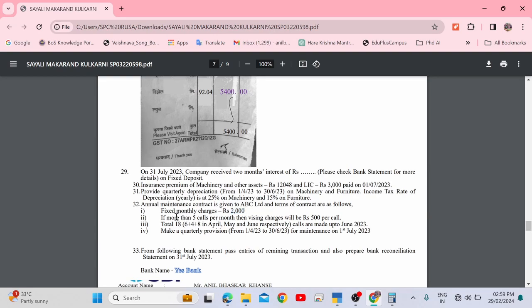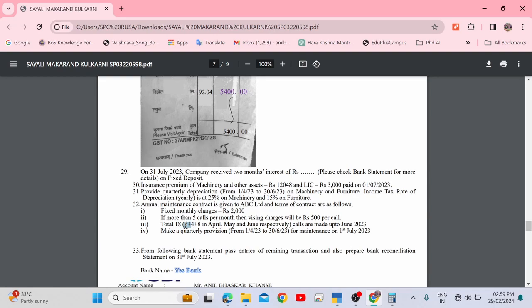No. Then not only 6,000 do we have to pay, but in the contract itself they have written that if there are more than 5 calls per month, then visiting charges will be rupees 500 per call, and there are total 18 calls. How 18 calls? 6 plus 4 plus 8 in April, May and June respectively. Therefore these 4 calls will not be chargeable. Maximum 5 are allowed, so no charges in the month of May.